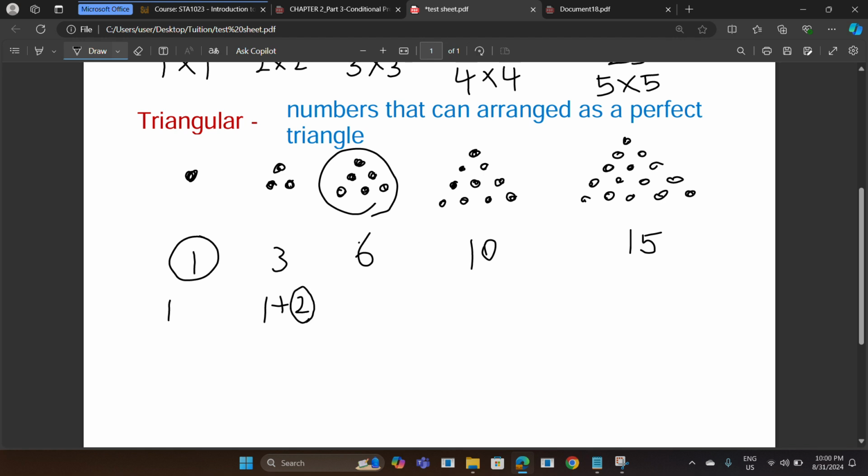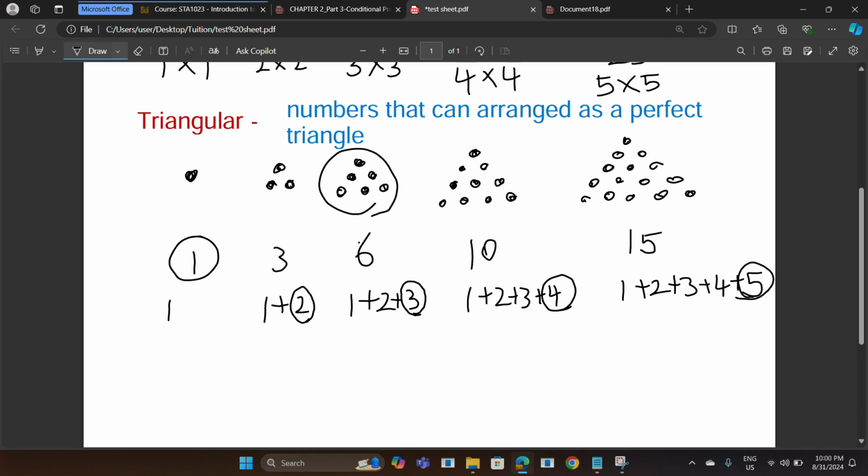Here, we add up the numbers together until 3 appears because the stage number is 3. Here, until 4 is met because the stage number is 4. Here, we add up the numbers from 1 to 5. Likewise, we are obtaining the triangular numbers.